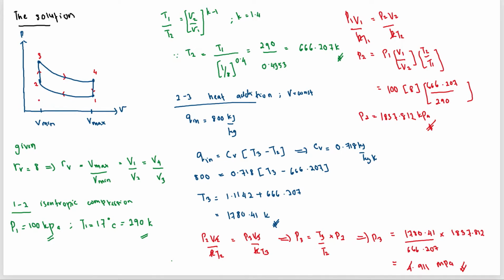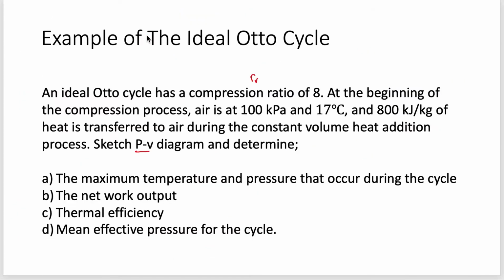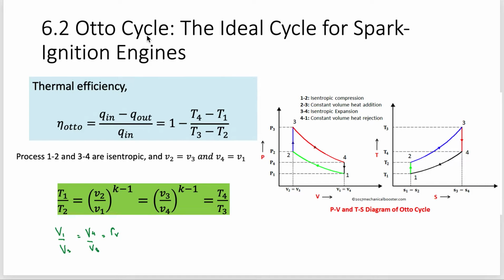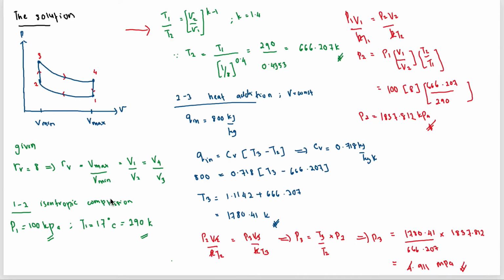Since the process is isentropic compression, I use the green formula. In this topic, the green formula is given here, the relation between temperature and volume. I use this formula to find T2.